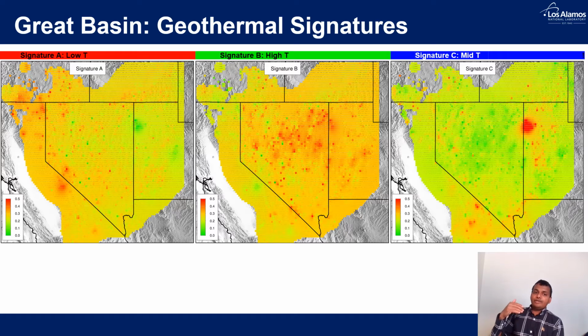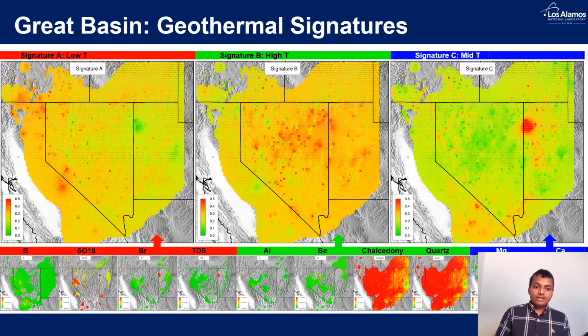We analyzed that dataset and found low temperature, high temperature, and mid temperature signatures. We also found which attributes dominate those signatures. For example, the low temperature signature is dominated by four attributes: boron, oxygen isotope, bromine ions, and total dissolved salt.